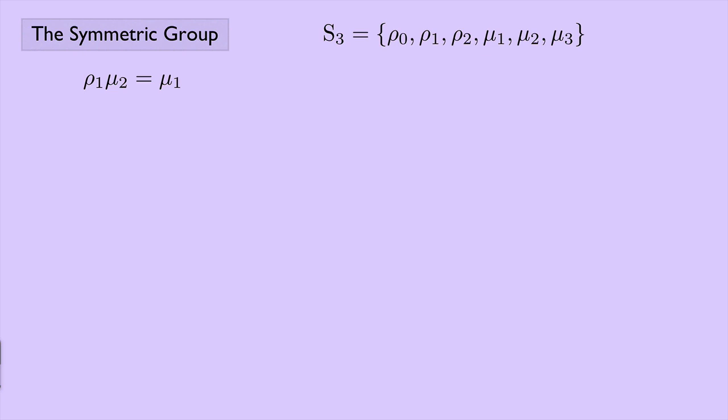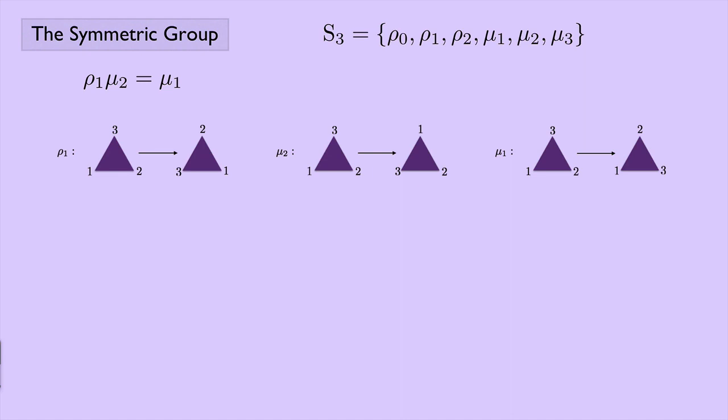Okay, let's look at an example calculation. We saw before that row 1 times mu2 equaled mu1. I explored this in an earlier video. You can actually see how this works out with the symmetries of an equilateral triangle. Just to quickly recap, here are the 3 things we're talking about. And remember how this works with function composition, because that's really what this is.